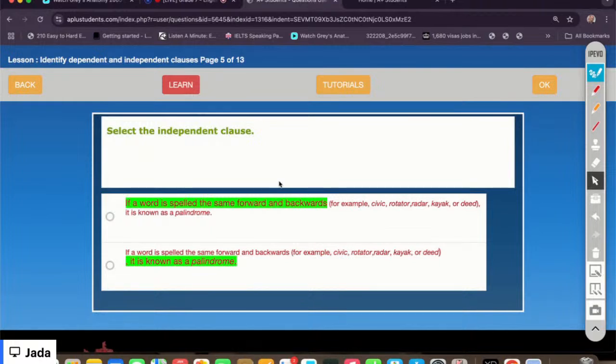So what would be the independent clause here? We have the second, because the first one starts with if, and if is also a subordinating conjunction.